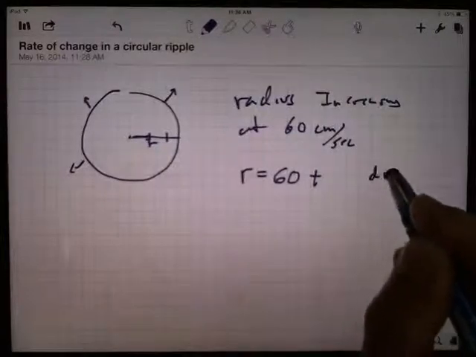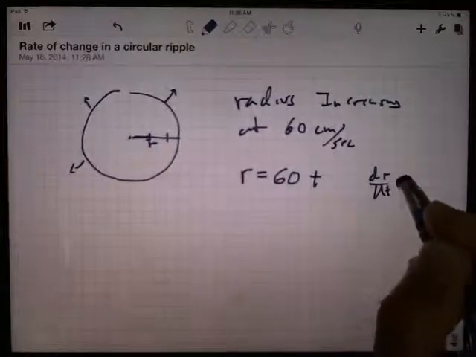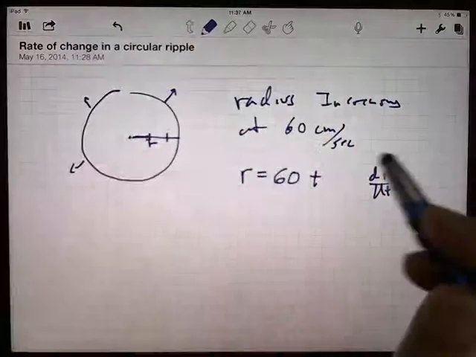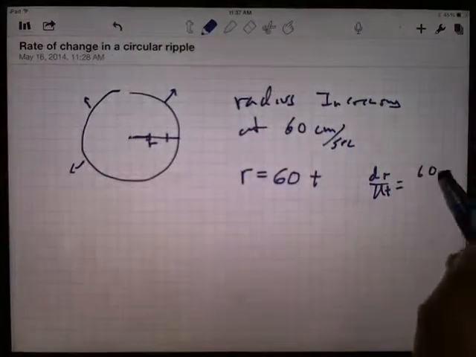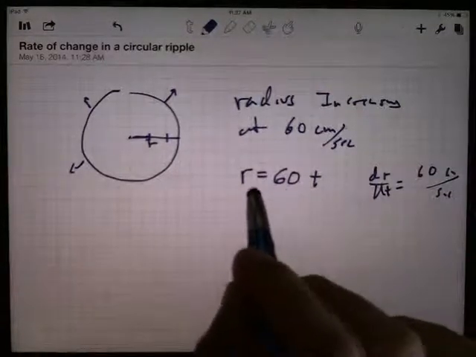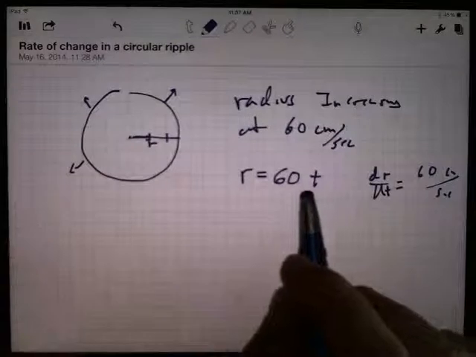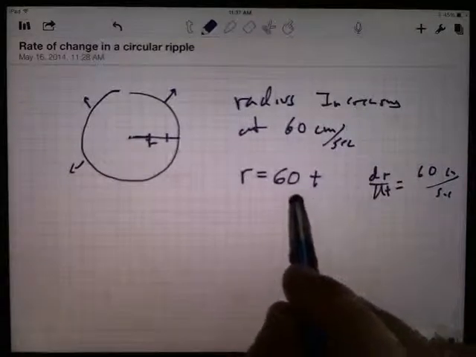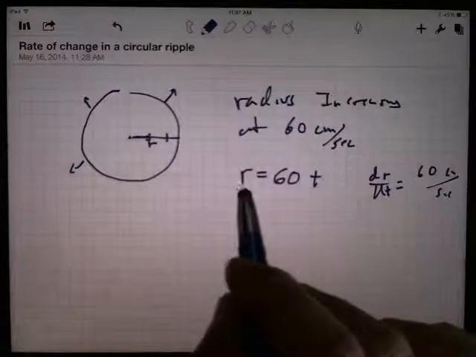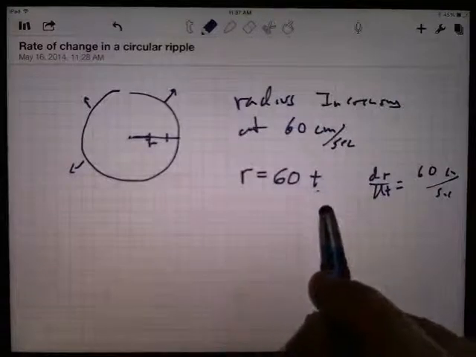That dr/dt is 60 centimeters per second, right? From the point of view of looking at a function, the derivative of 60 times t is 60, but this is 60 centimeters per 1 second.